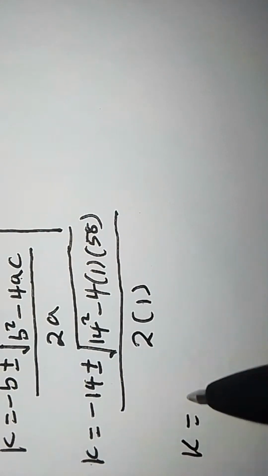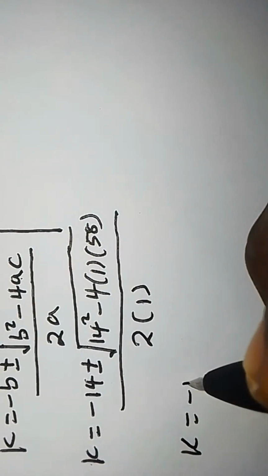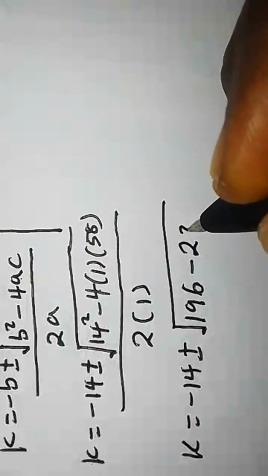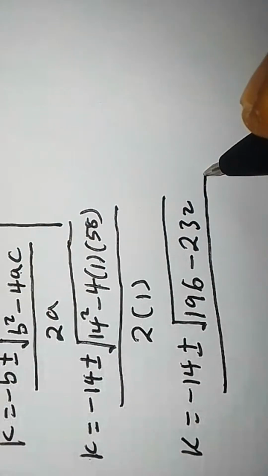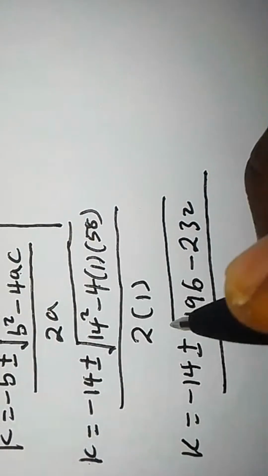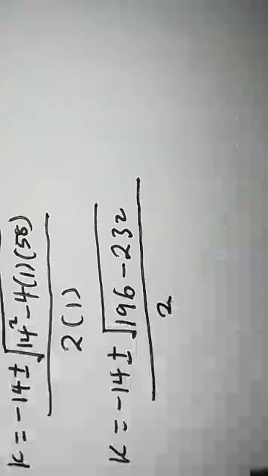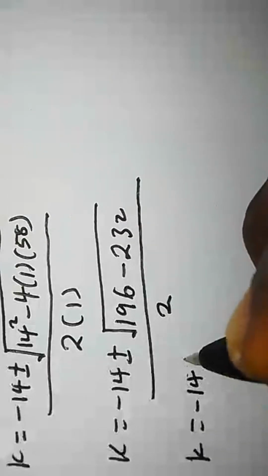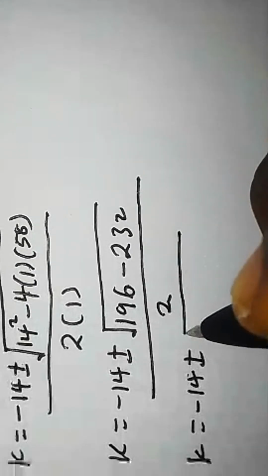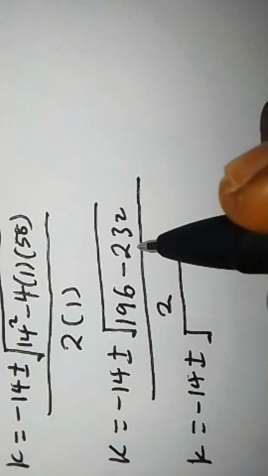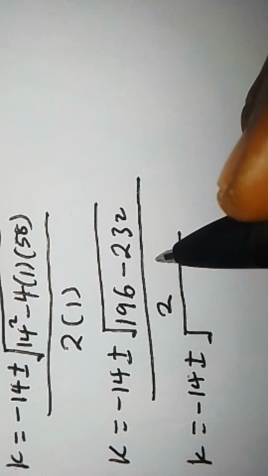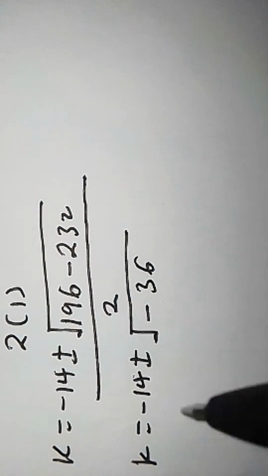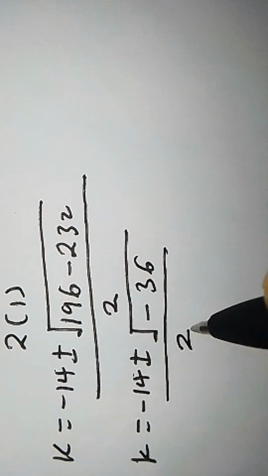k equals minus 14 plus or minus the square root of 196 minus 4 times 58, that is 232, all divided by simply 2. So k equals minus 14 plus or minus the square root of 196 minus 232, that is minus 36, all divided by 2.